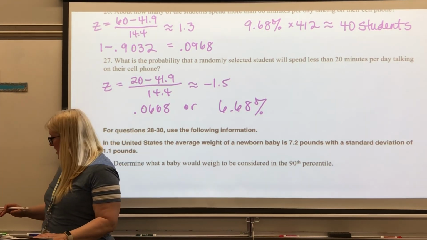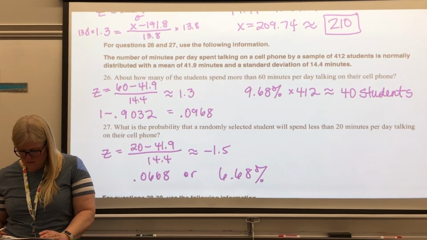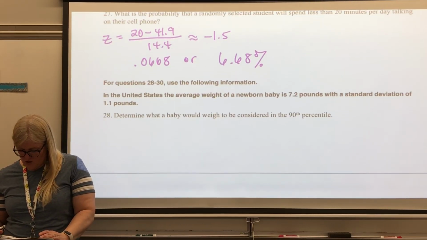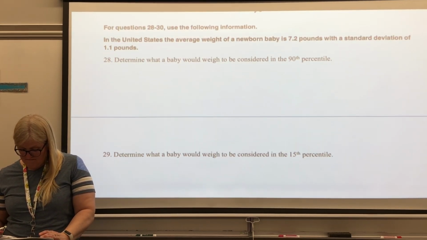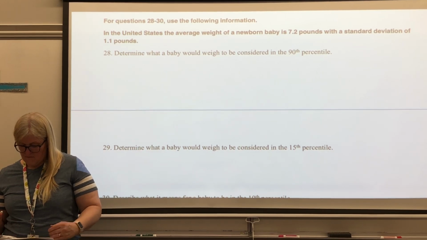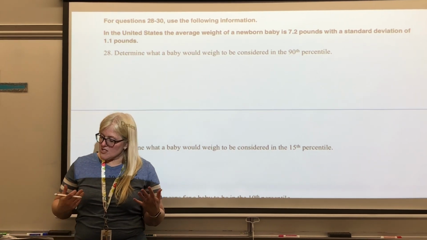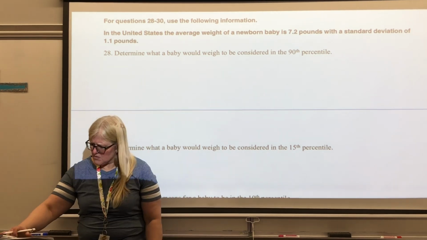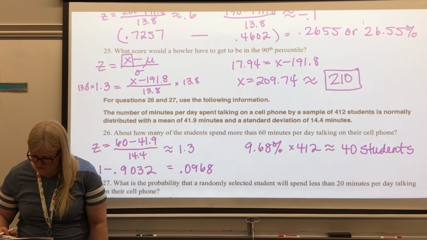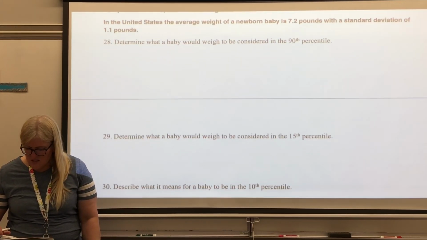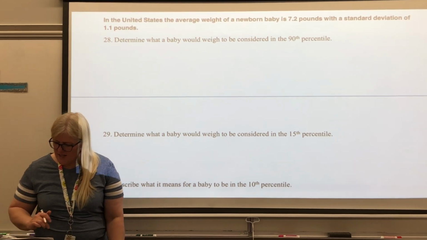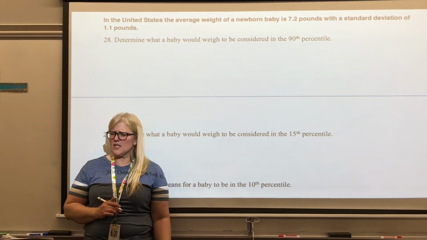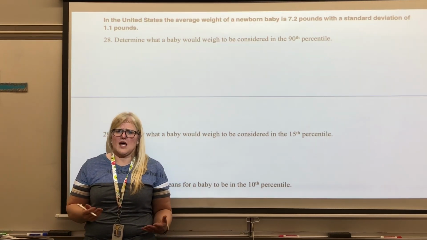All right. Moving on. Here we've got 28 and 29, which are similar to number 25 that I showed you before. So this one, they said your baby's in the 90th percentile. How much do they weigh?